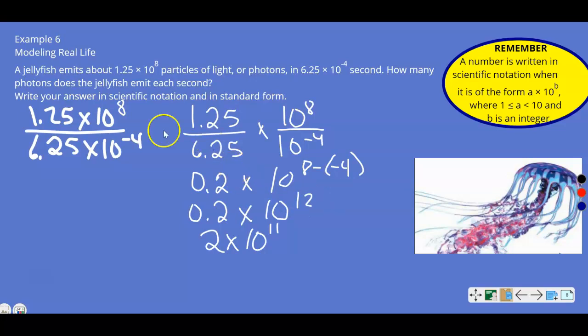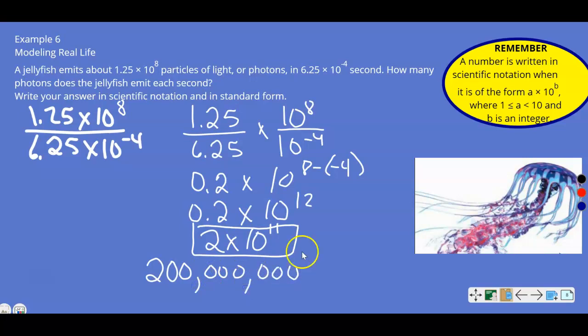All right, so let's look and see. It says, write your answer in scientific notation and in standard form. All right, so this is in scientific notation. Standard form means we have to write it out with all the zeros. So if we write it out with all the zeros, we're going to have 11 zeros after that 2.